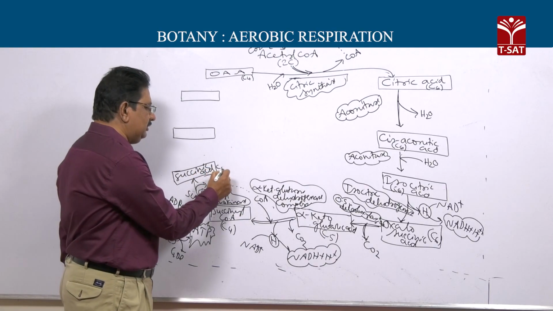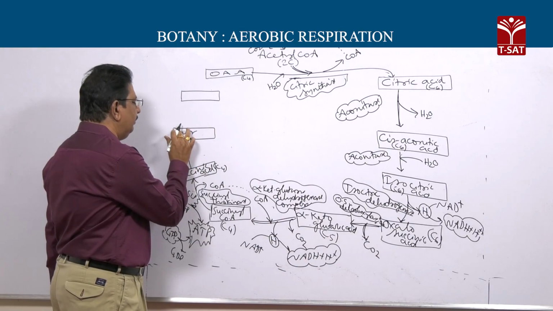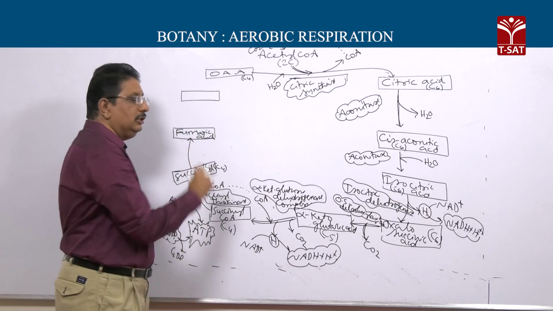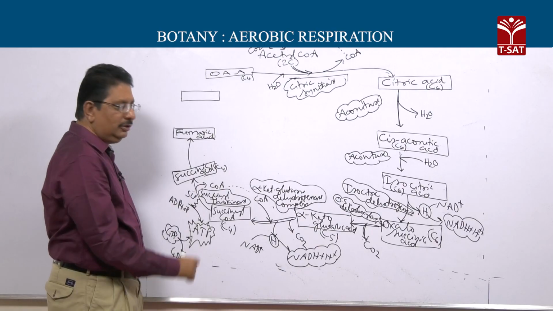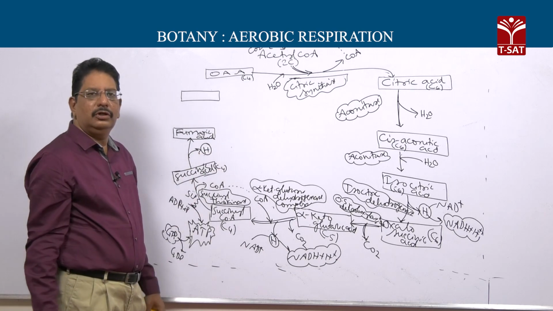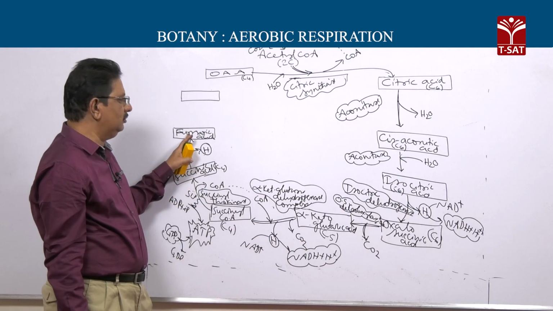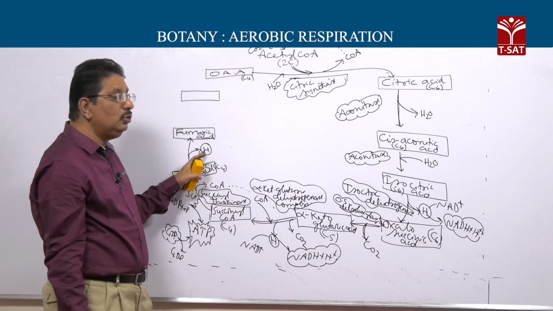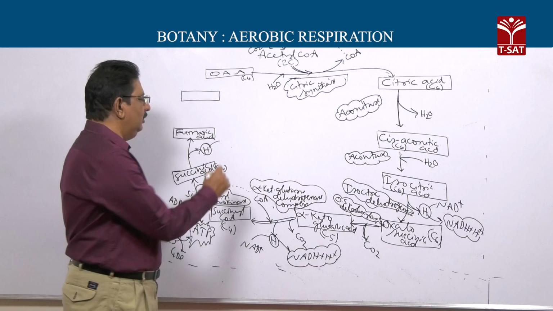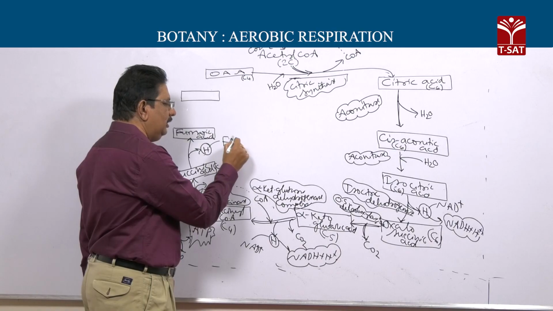Then succinic acid, a C4 acid, converts into fumaric acid, during which hydrogens are removed. So, we can say that succinic acid is now oxidized into fumaric acid after losing a pair of hydrogen atoms, which are taken by another coenzyme, that is FAD.